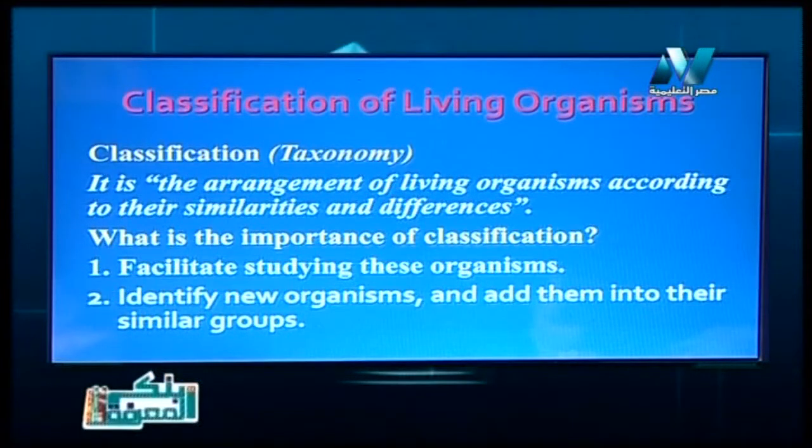So when we put them into groups, the individuals in the same group have common characteristics which differ from the individuals in other groups. So similarities means the common characteristics. The arrangement of living organisms according to similarities and differences is called classification.